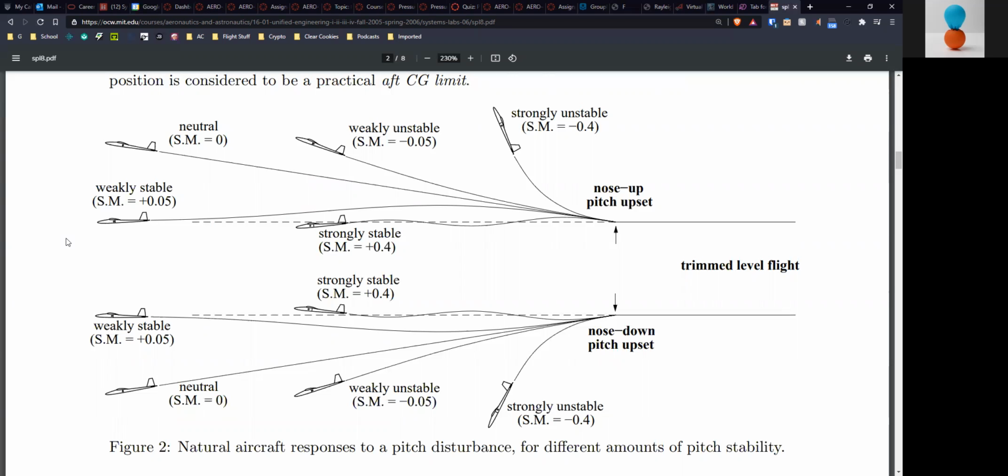Sometimes it's also referred to, and these aren't all exactly the same thing, as the center of pressure or the center of lift, which can be different, but basically it's the same thing as the center of gravity, but for the pressure or lifting or drag forces on the aircraft. At that point is where you can consider all of the aerodynamic forces on the plane to be concentrated.